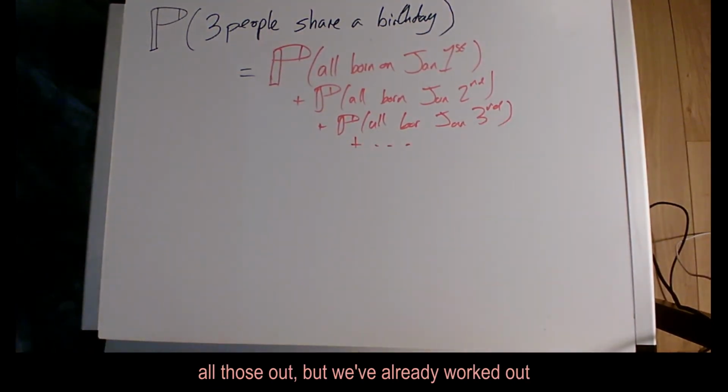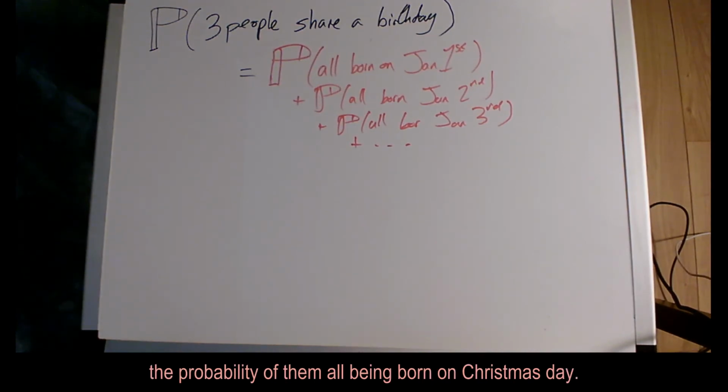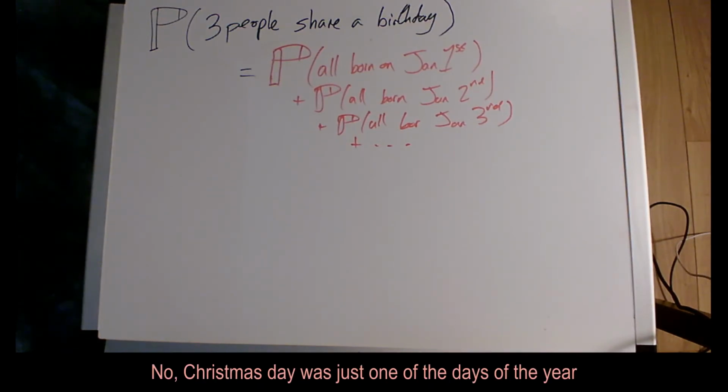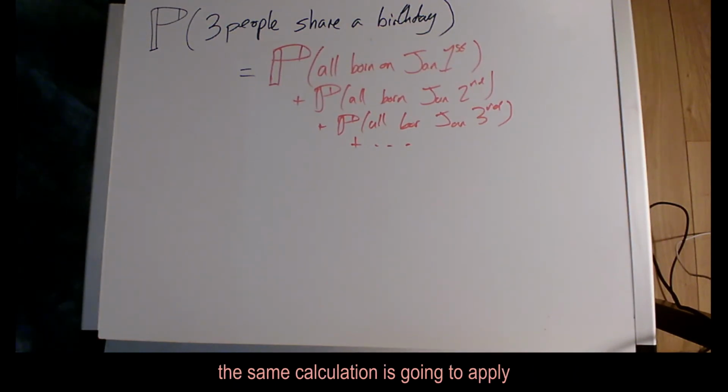Now we could just work all those out, but we've already worked out the probability of them all being born on Christmas Day. Was Christmas Day special? No, Christmas Day was just one of the days of the year. The same calculation is going to apply to every day of the year.